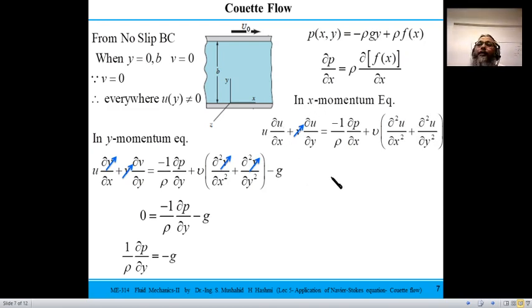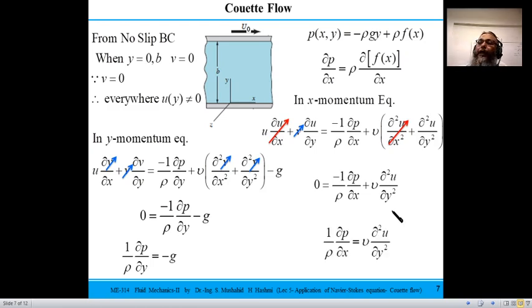The next assumption is that the flow is fully developed, so we get rid of this term also because velocity is no more varying with x, so its second derivative would also be insignificant. So the whole left hand side would be 0, and you end up with the pressure term and one of the viscous terms. It's the kinematic viscosity, which is mu over rho, and this is the second order term of the velocity variation with respect to y. As you see here, you can write it this way as well.